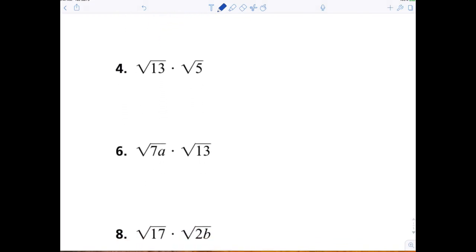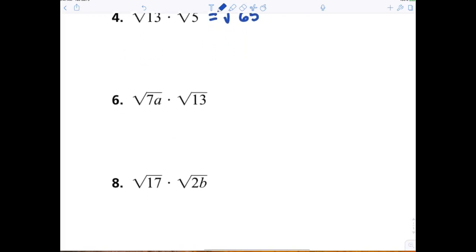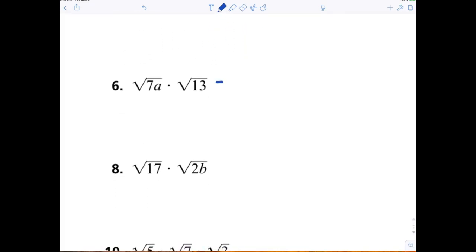Now if I said, what's the square root of 13 times the square root of 5, we shall all agree that's just the square root of 65. Easy. Now the square root of 7a times the square root of 13.